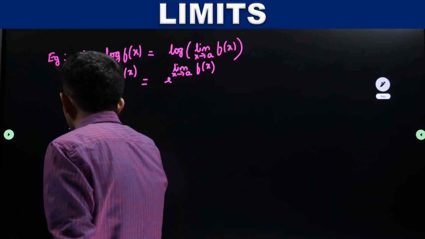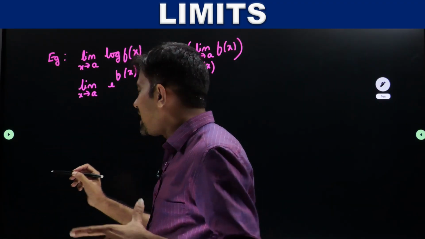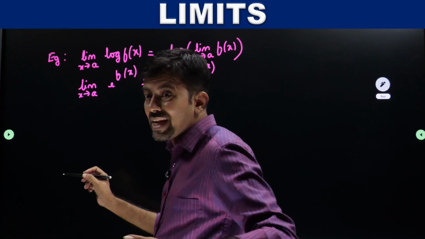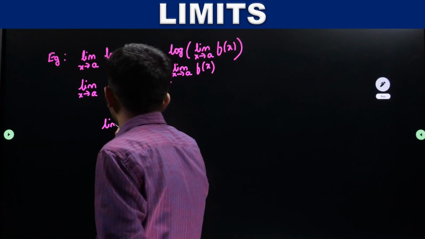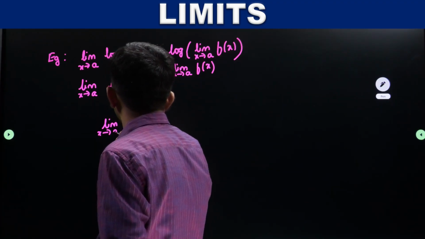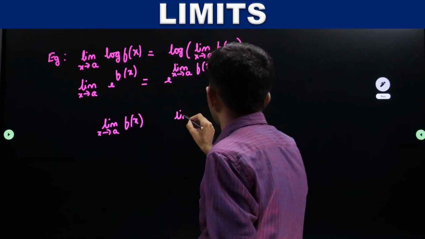And one table I'll give you for this, where f and g are the two functions where limit of that f both exist, both does not exist, one exists, one does not exist. Limit x tends to a f of x, limit x tends to a g of x.